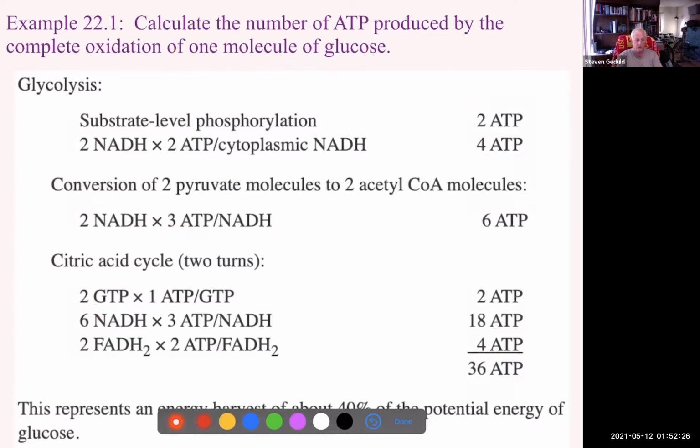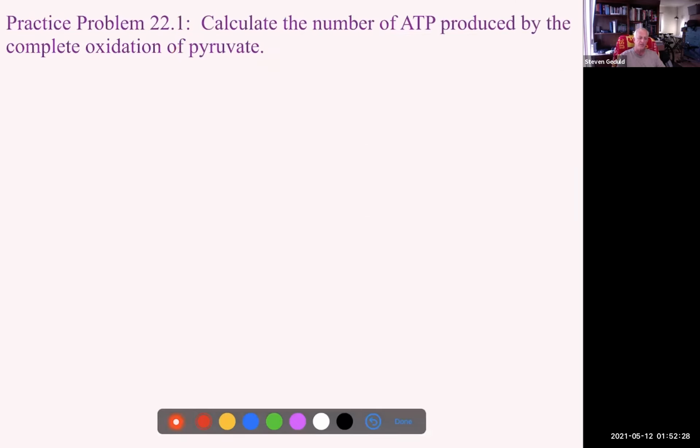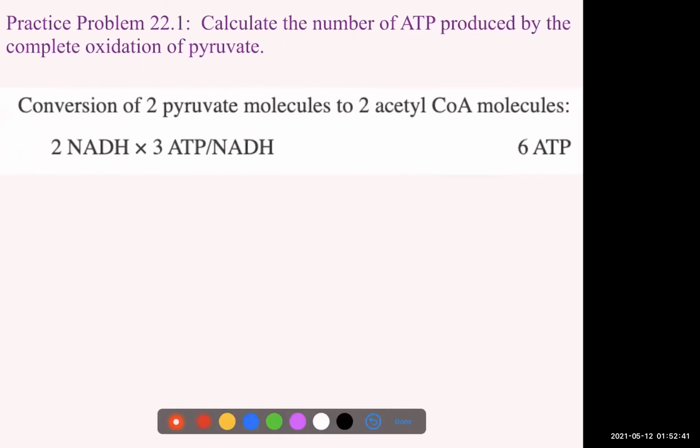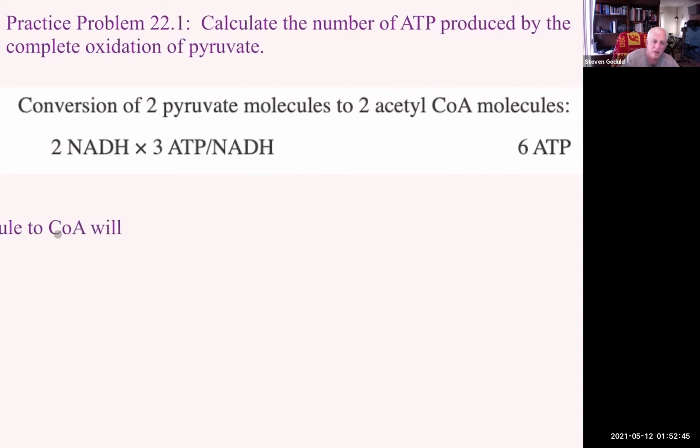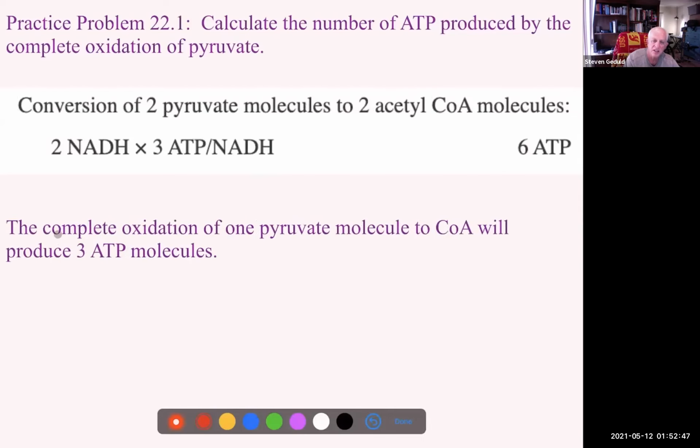Okay. Now, calculate the number of ATPs produced by the complete oxidation of pyruvate. Okay. So now it's not glucose, now it's pyruvate. So how many times are you going to spin the citric acid cycle with pyruvate? Once. Perfect. So the conversion of 2 NADHs gives you 6 ATPs.